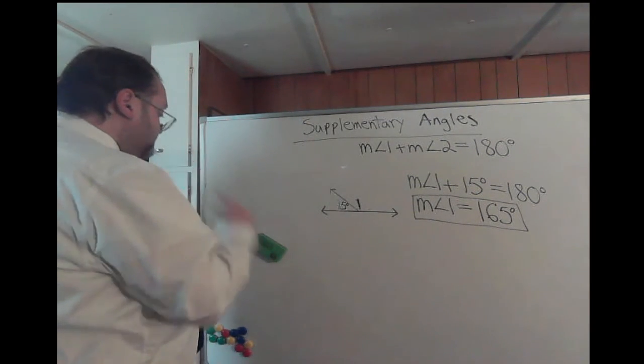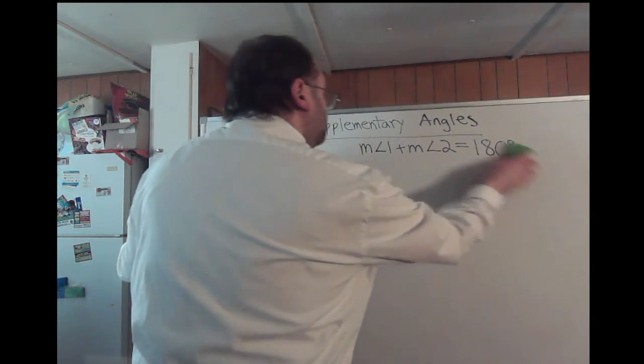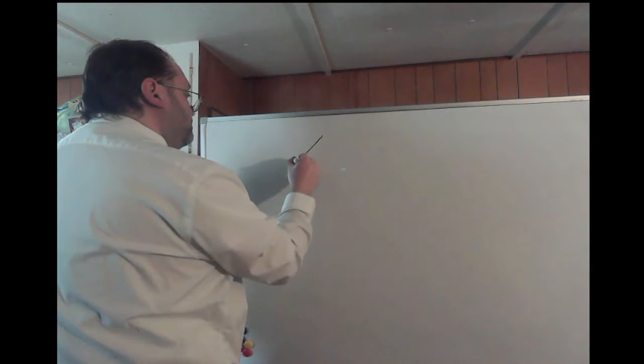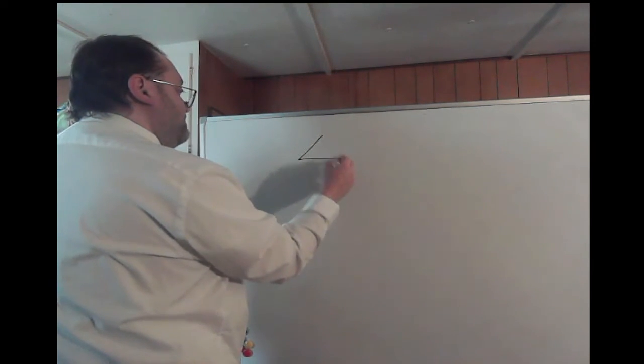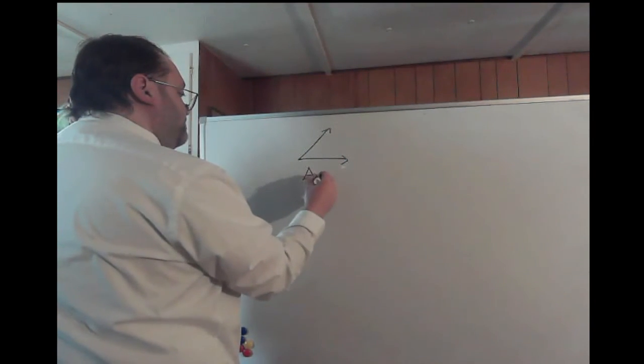So really, once again, with angles, all there is to it is knowing, okay, you have an angle smaller than 90. If it's smaller than 90, such as this angle, it's an acute angle.